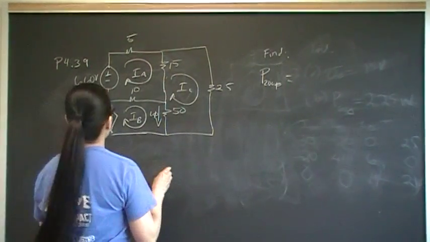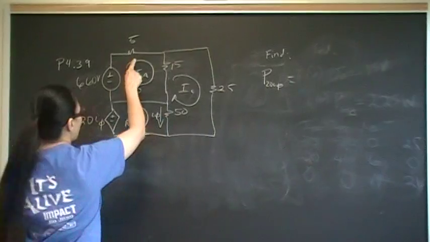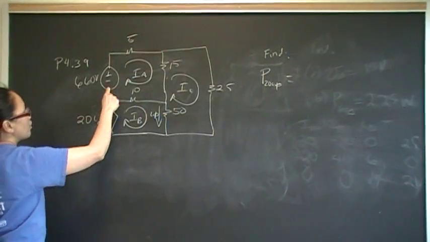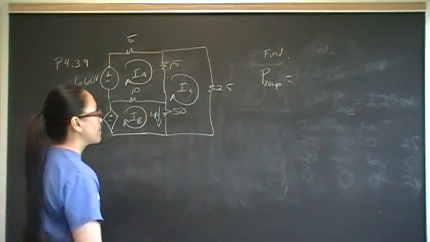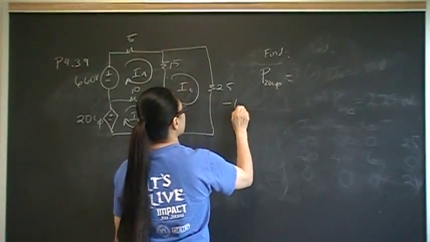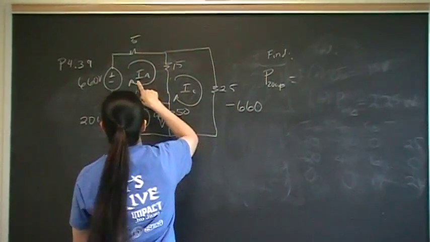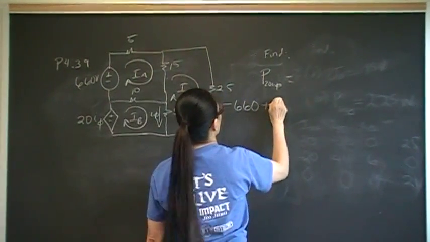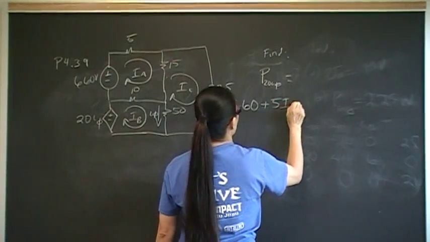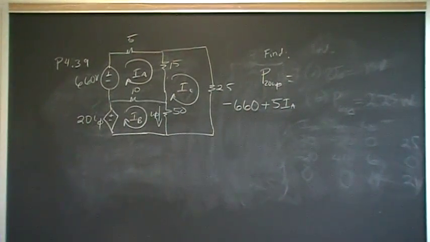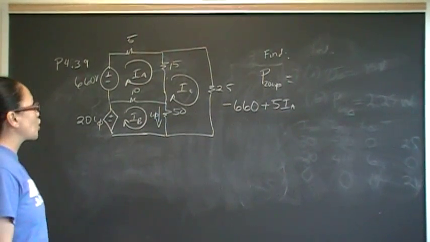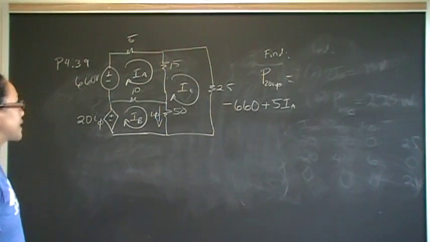So let's go ahead and write our four equations. Mesh at IA: we've got positive current, and the first terminal that it runs into is a negative terminal. So that means this is going to be negative 660, and then plus 5 IA. Just a reminder, the mesh method uses KVL, which says the sum of the voltage drops around a closed mesh is 0.